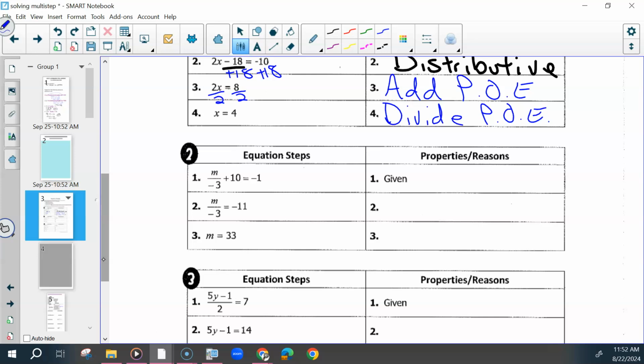So for number 2, they gave us this first one. What changed? What did they do? Subtract 10. So that would be our subtraction property of equality. They subtracted on both sides. And then, what did they do here from step 2 to step 3?